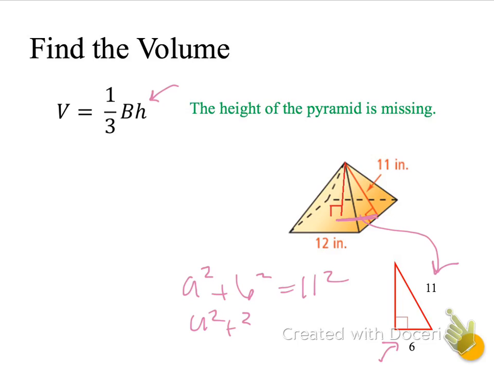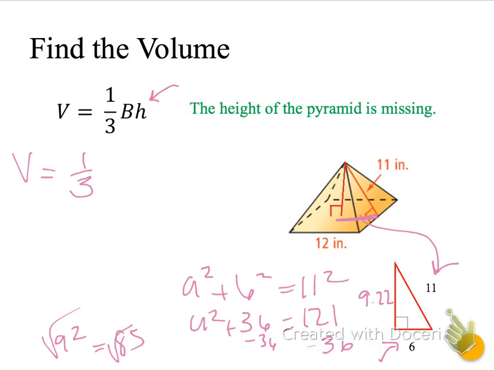So a squared plus 36 equals 121. Subtract 36. So a squared equals 85. Square root both sides. So then that height is going to be 9.22. Okay, so now I have the height. So I can go back. So volume equals 1/3 times the area of the base, which we haven't found, but we know that the height is 9.22 of my entire pyramid.